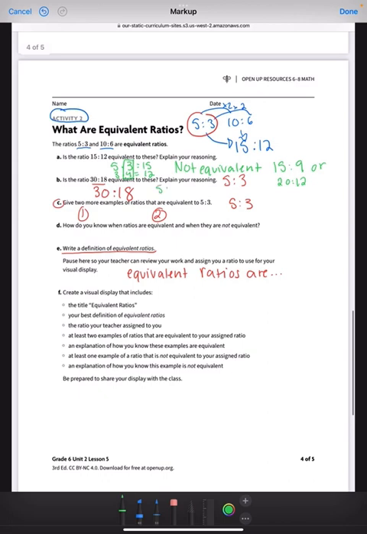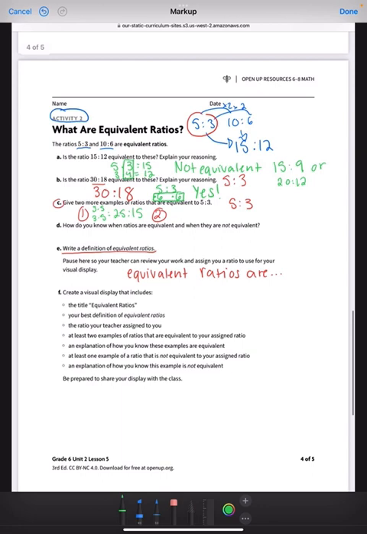Moving down here to B, 5 to 30 would be times 6, and 3 to 18 would be times 6. I multiplied both by 6, so yes, this one is equivalent. For C, you could have said many different ones. I just gave a couple to you. I'm going to do by 5 though, so I'm going to do 5 times 5 and 3 times 5, and I would get 25 to 15 as an equivalent ratio.